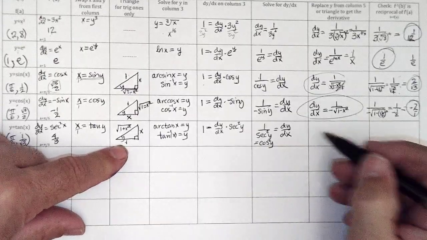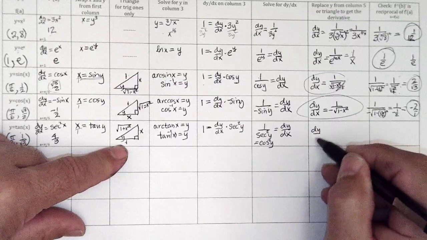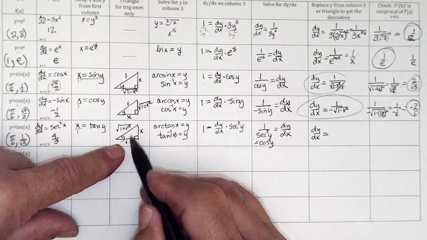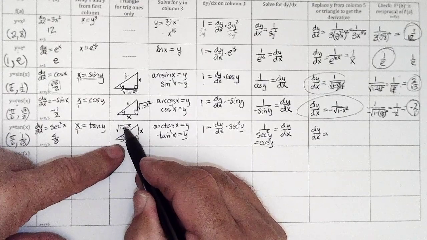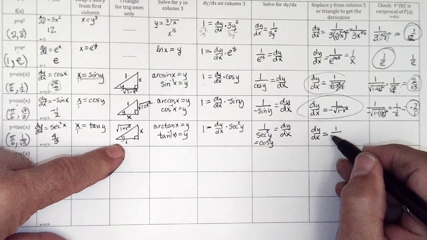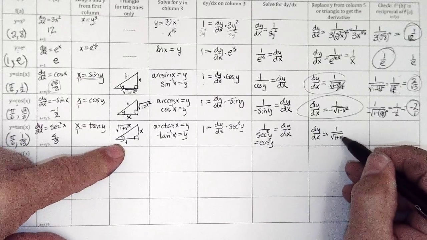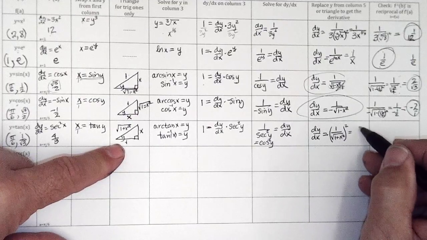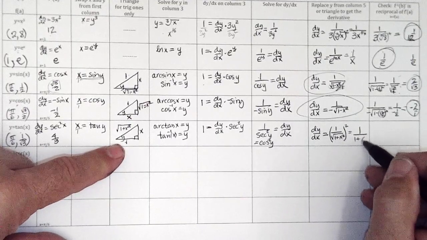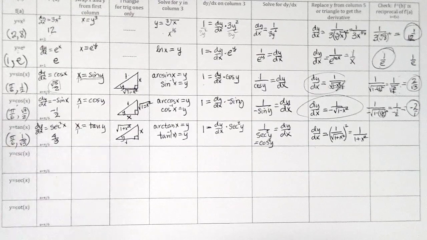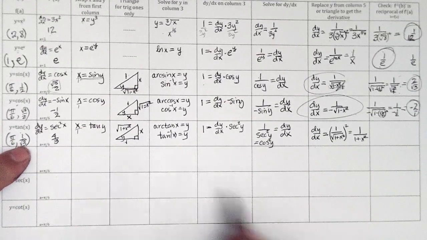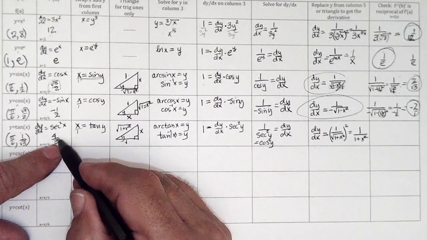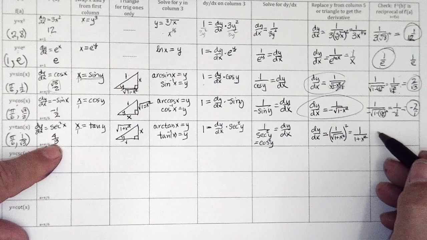So dy/dx is going to be 1 over the cosine. The cosine is 1 over that. Cosine squared is going to come out to be 1 over 1 plus x squared. I'm supposed to be able to put 1 over the square root of 3 into this and get the reciprocal of 4/3, 3/4.